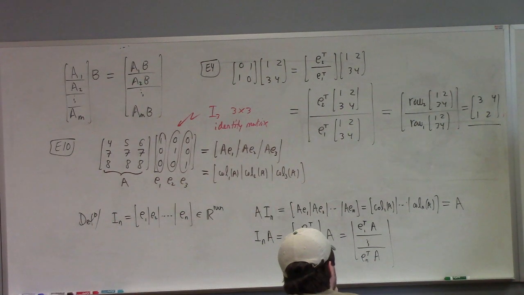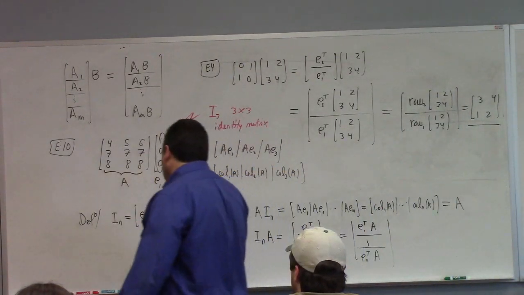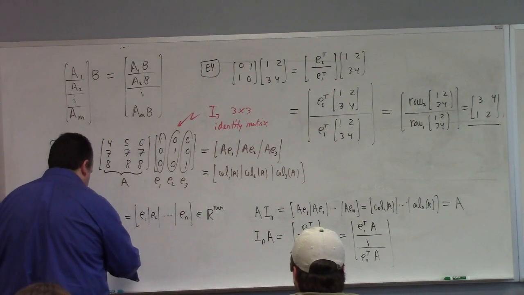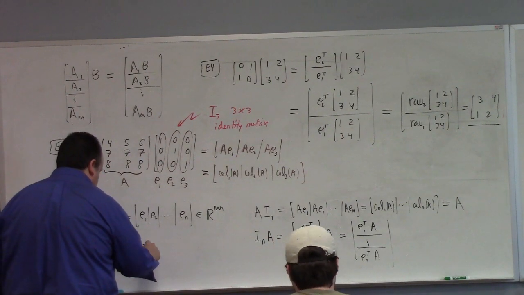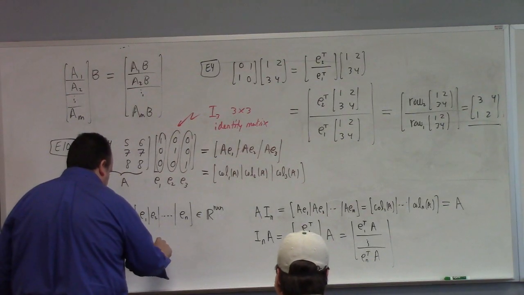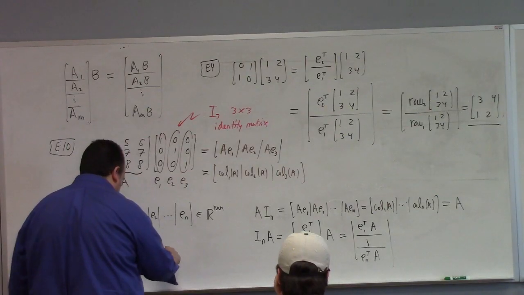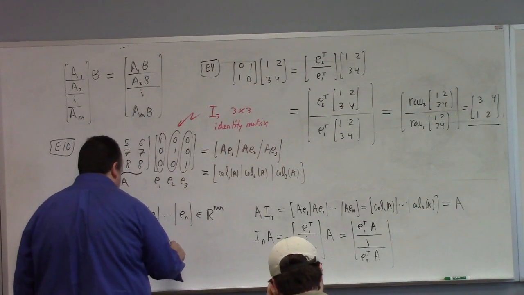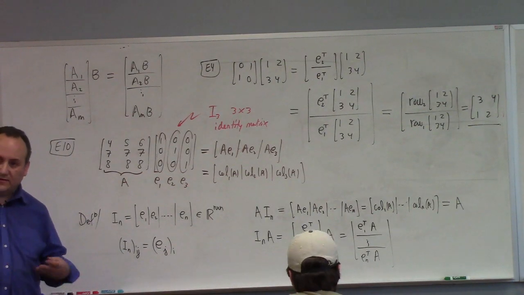Wait a minute. Where are those transposes coming from? So check this out. If we calculate the ijth component of it, what is it equal to? I'm talking about the jth column, which is e sub j, right? And the ith component of that, we defined that to be Kronecker delta ij.